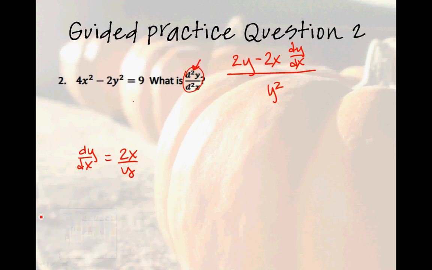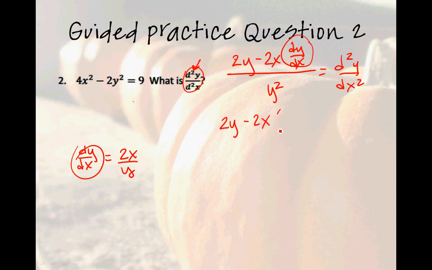Okay, so this is awkward to have the second derivative contain the first derivative within it. So we could just simplify by substituting this in. So we'd end up with 2y minus 2x times 2x over y all over y squared. So I replaced the dy/dx with this guy right here, and then we could simplify it just a tiny bit.